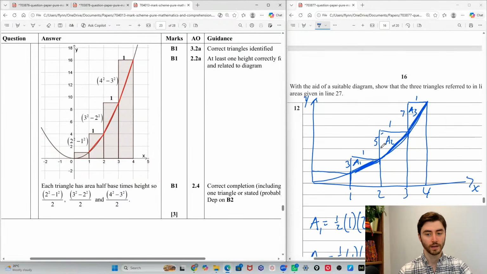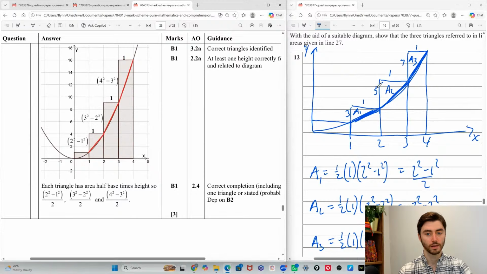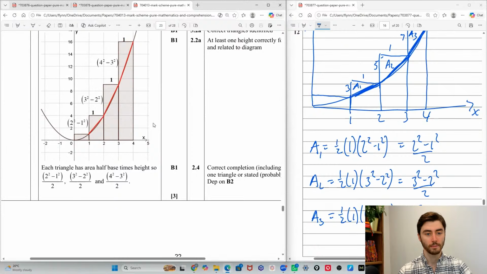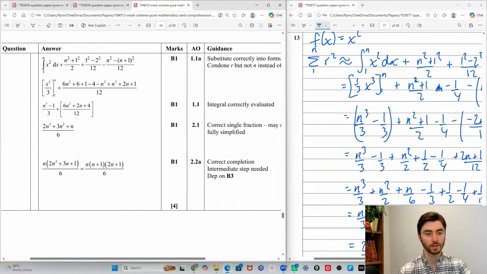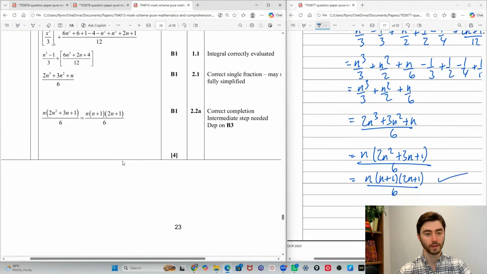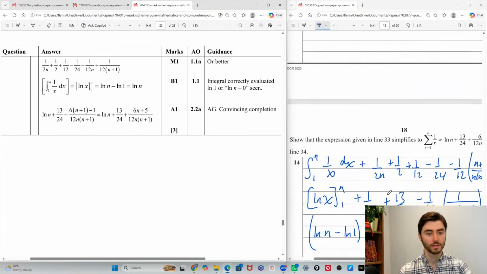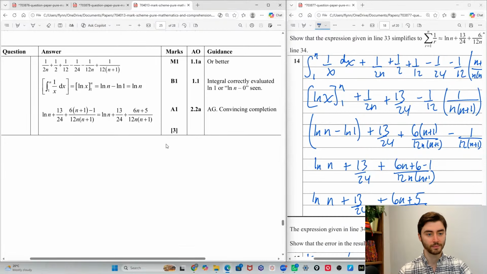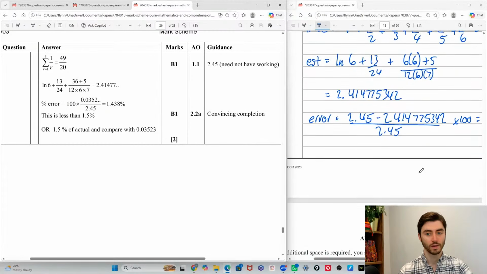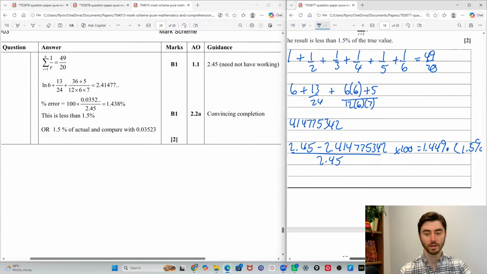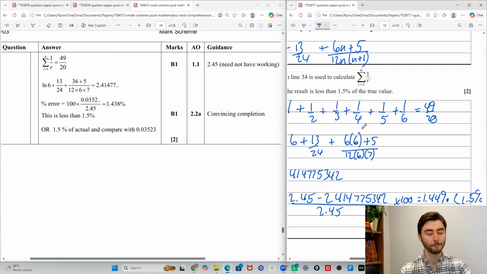Exactly. Yeah, good. So this, you run it through and you get it. This, you run it through and you get it. This, you run it through and you get 1.44%.